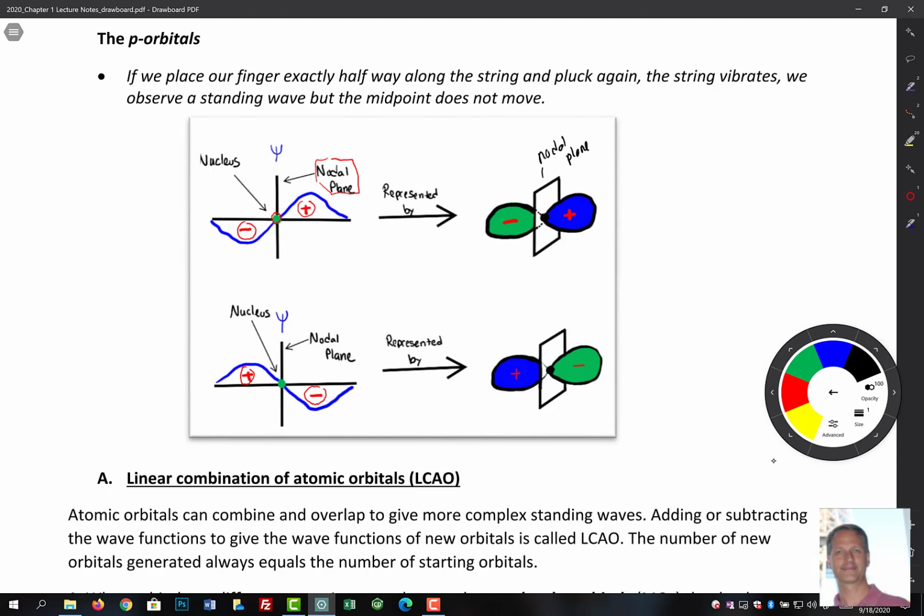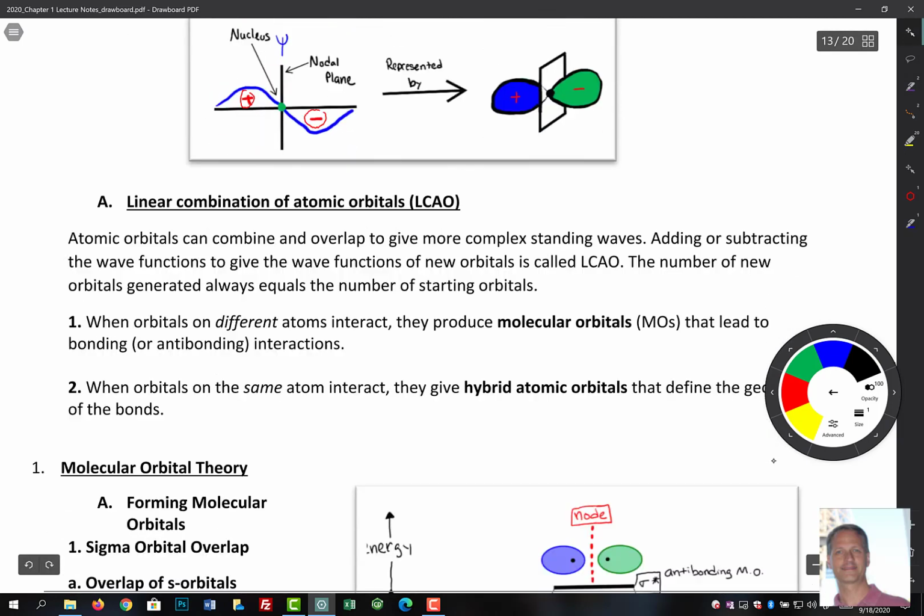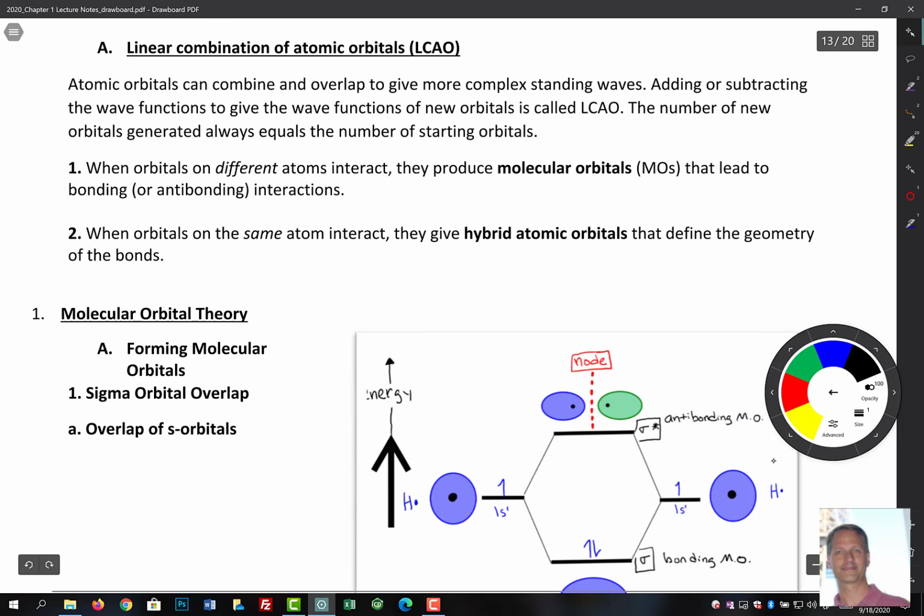Now, what happens when we add these together? That's what we really want to do. How do we form bonds? This brings us to our next section, which is called linear combination of atomic orbitals, or LCAO. These atomic orbitals can combine and overlap to give more complex standing waves, more complex wave functions.